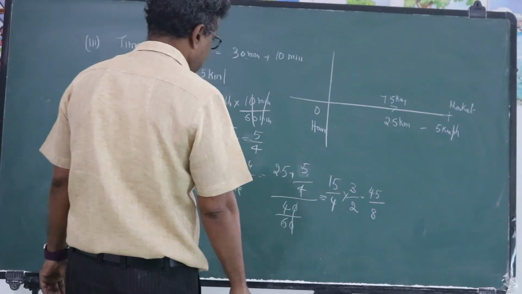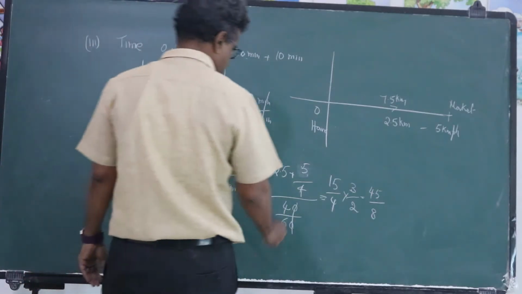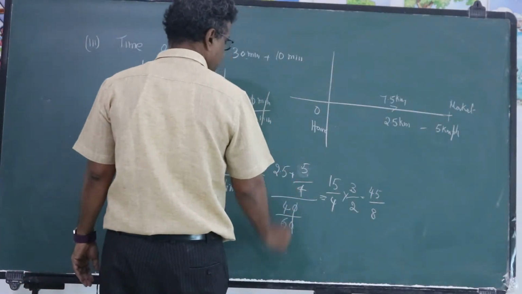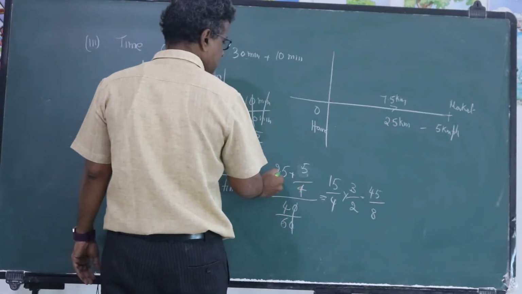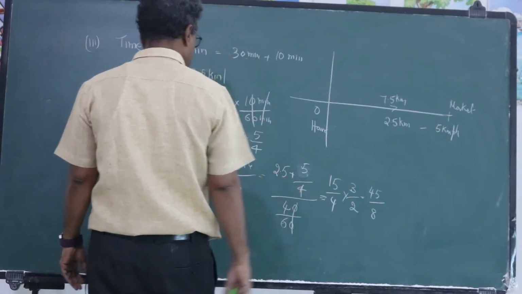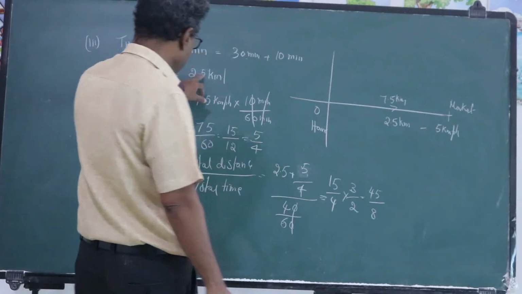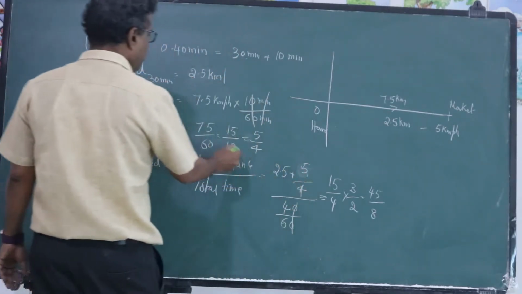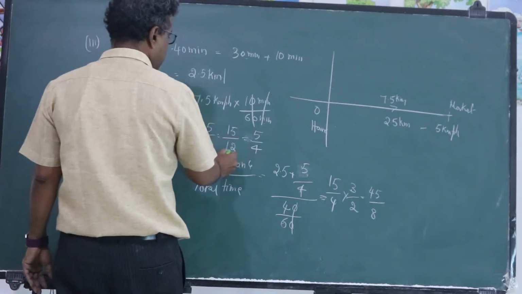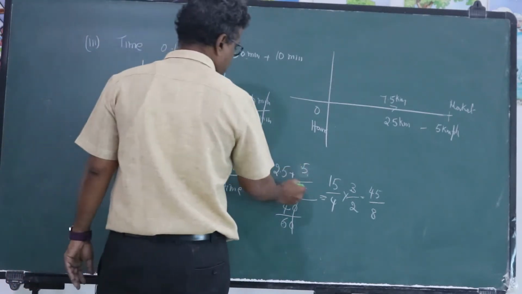Average speed. Total distance is 2.5 kilometers plus 5 by 4.